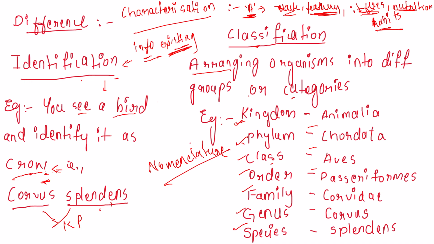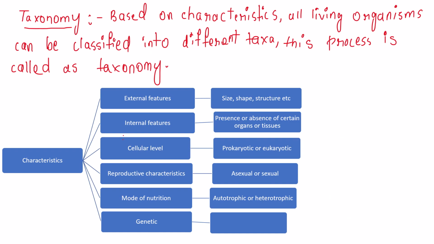And next being taxonomy. What is taxonomy? Based on the characteristics, all living organisms can be divided into different taxa. This process is called taxonomy.